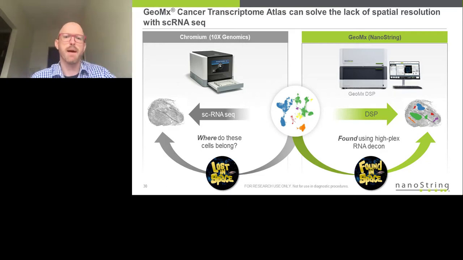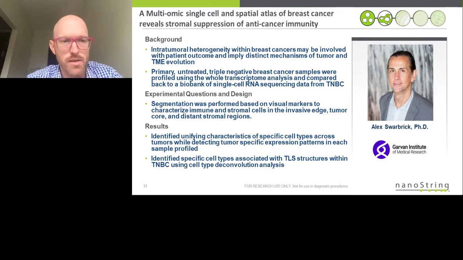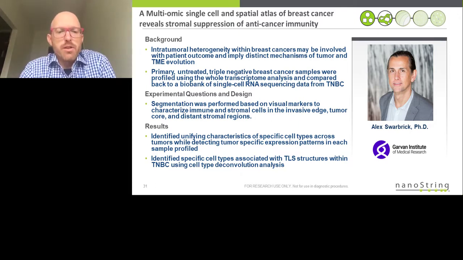So this is Alex Warwick from the Garvan Institute, and he's been working with triple-negative breast cancer. He performed an analysis with our whole transcriptome atlas assay, where he was looking at different cell types in the TLS structures within the triple-negative breast cancers.